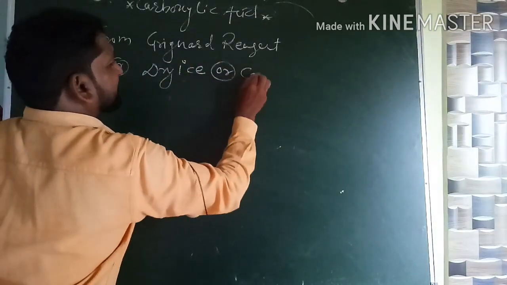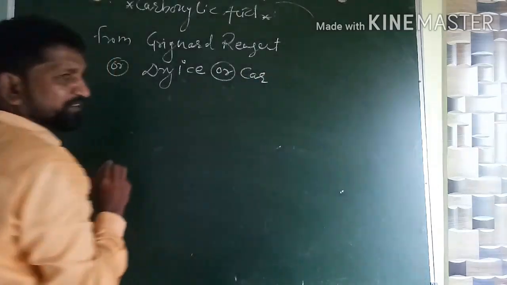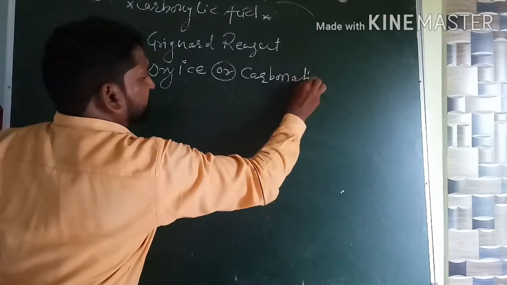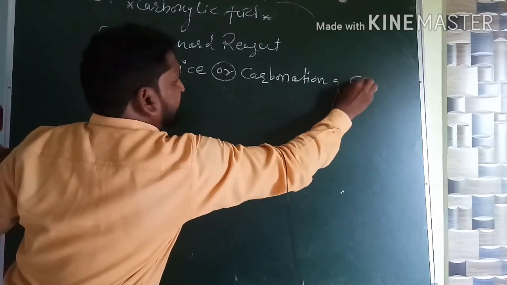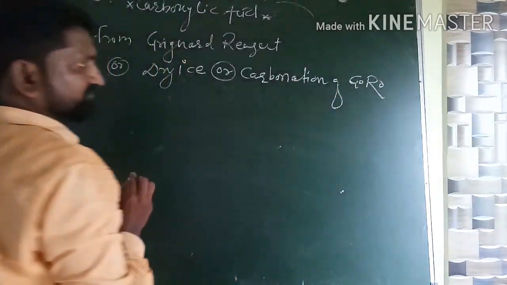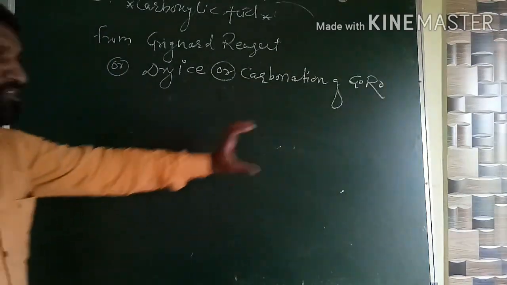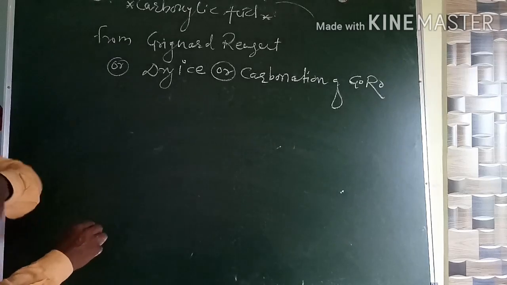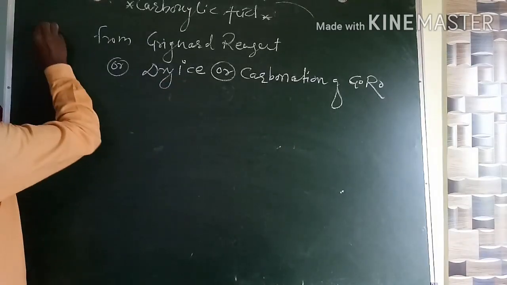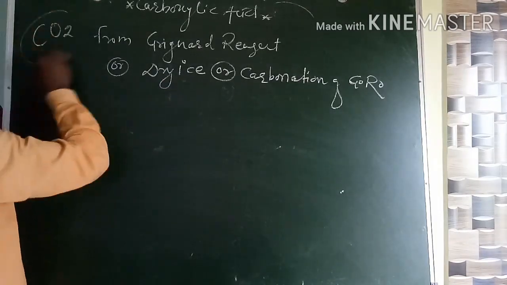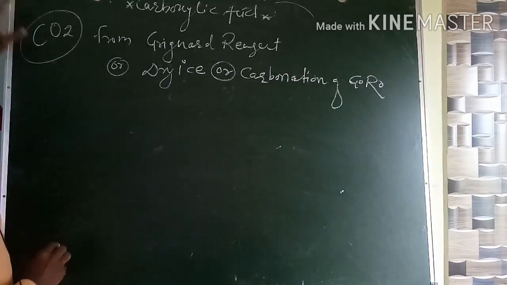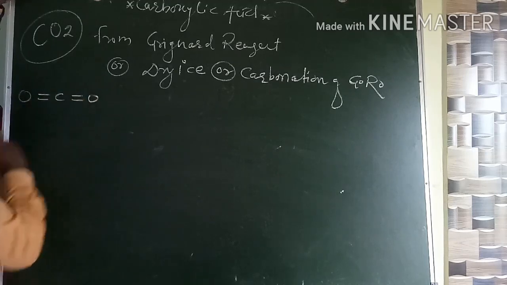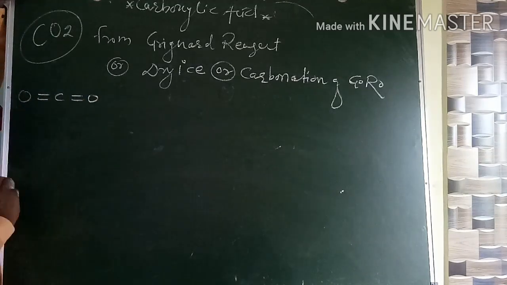See the variation in the title, carbonation of Grignard reagent. Carbonation of Grignard reagent means what? Dry ice means what? Here dry ice is nothing but the carbon dioxide molecule. We know this is the linear molecule, O double bond C double bond O. Yes or no? Linear molecule.